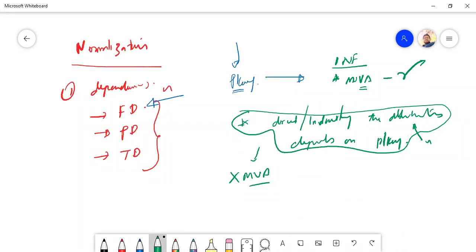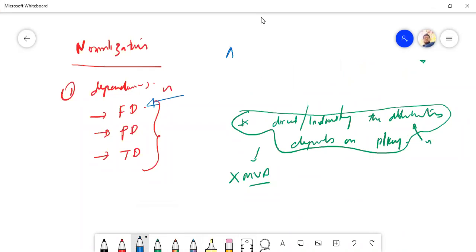Let me call the same example we learned last time. Say we have one relation A, B, C, D, E. B is depending and C is depending.